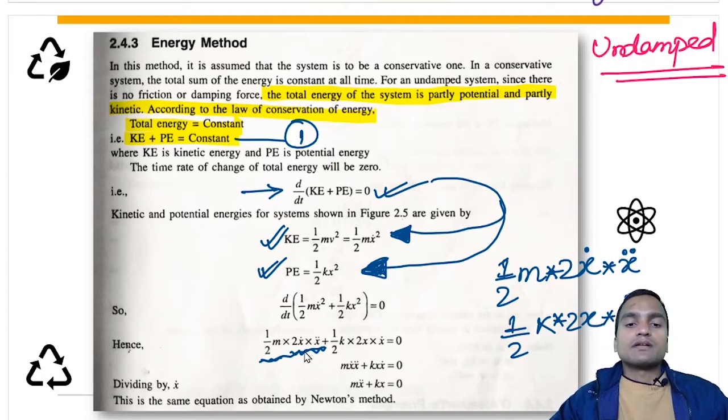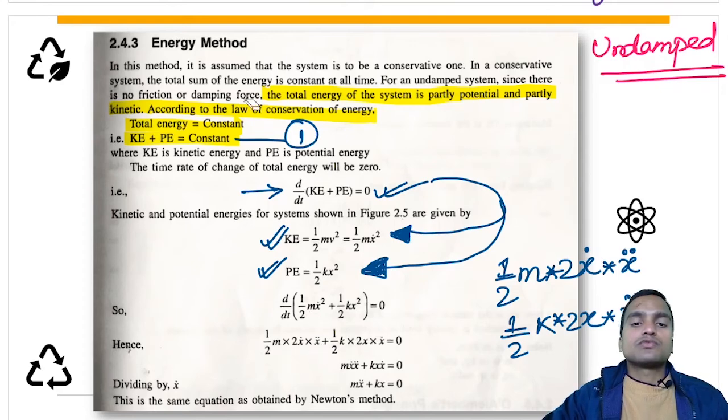Now after writing this equation with everything on the left hand side, we have to see what is common in both terms. I think x dot is common in both the terms, so x dot is taken out and divided on the right hand side.